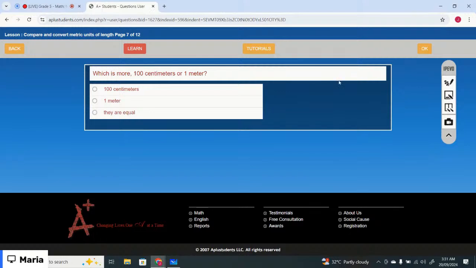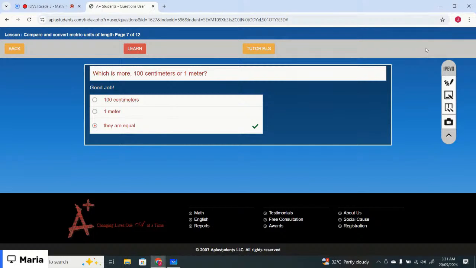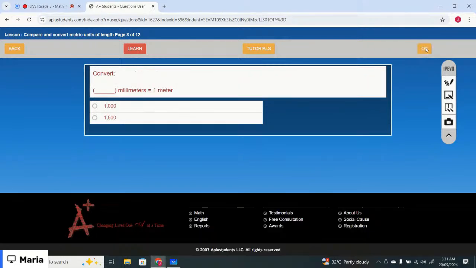They are exactly equal. In 1 meter you have 100 centimeters, so they are exactly equal. 1 meter equal how many millimeters? 1 meter equal 1000 millimeters. Option number 1 is the correct option.